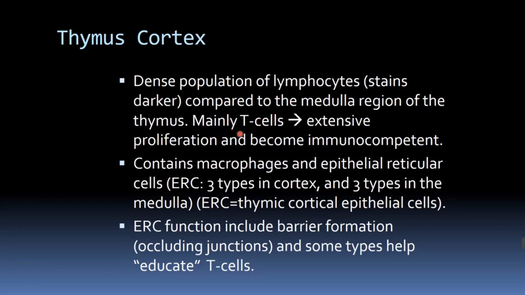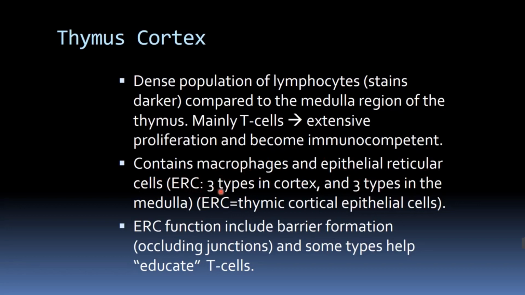And this cortex region really shows you that it's mainly made up of T cells. In here, within the cortex region, there's extensive proliferation, and this is where these cells become immunocompetent. And we're going to talk about that with a diagram later on. In addition, we have other cell types. Not only do we have T cells, thymocytes that are beginning their journey, we have macrophages and what we call epithelial reticular cells, or easier just to explain as ERCs.